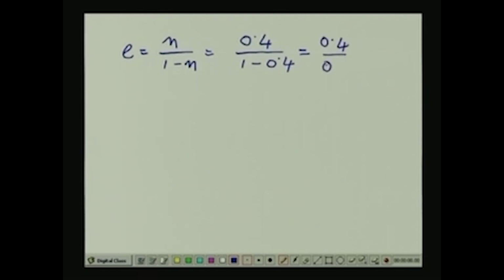We know that void ratio e is given by n over 1 minus n. So n in this case is equal to 0.4. So we get a void ratio of 0.4 over 0.6, that is equal to 0.67.